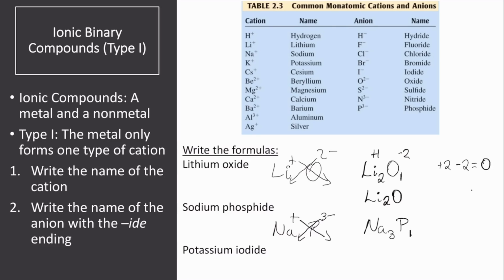Let's check for neutrality. We have a +1 for sodium and a -3 for phosphorus. Multiplying 3 times +1, we get +3, and then 1 times -3, we get -3. So this is 0. So it's Na3P, and this is sodium phosphide.